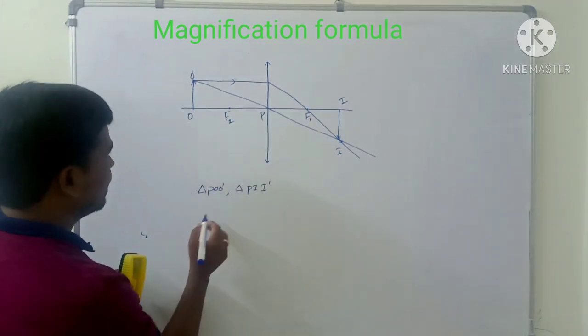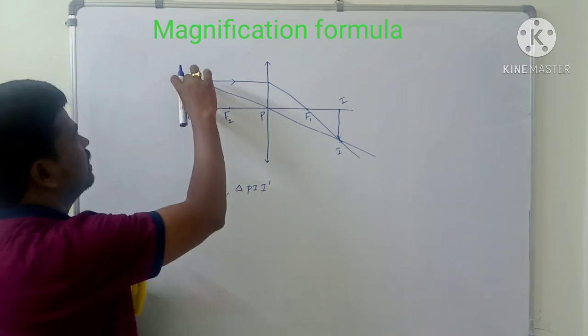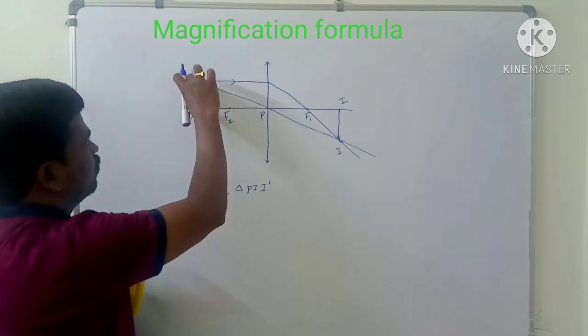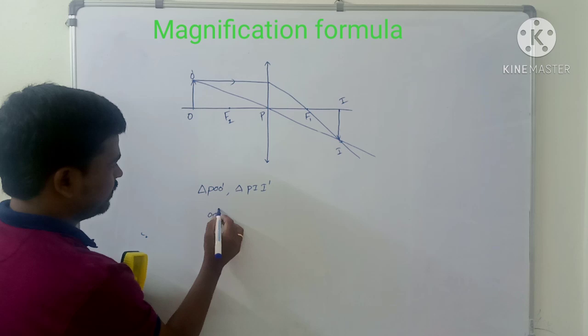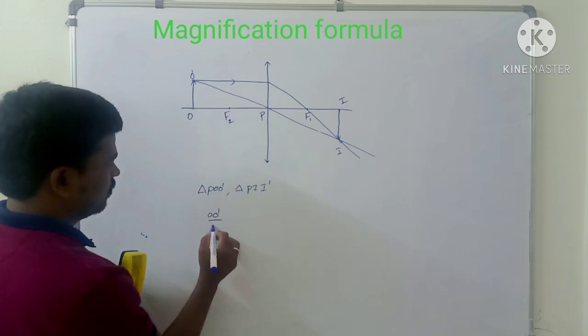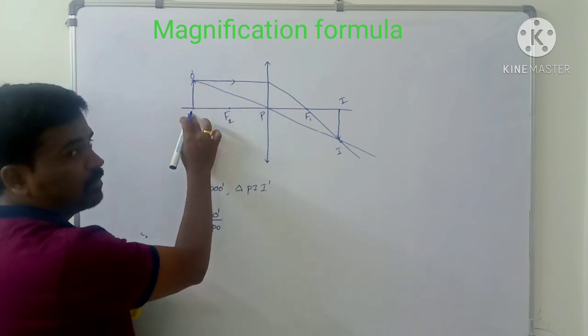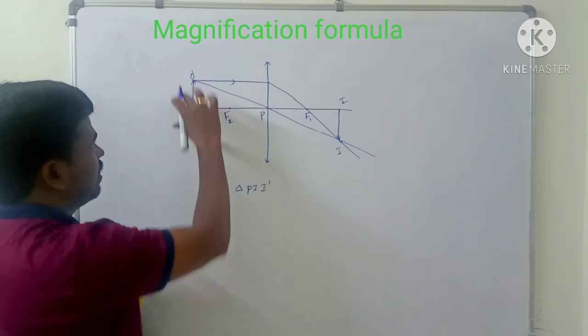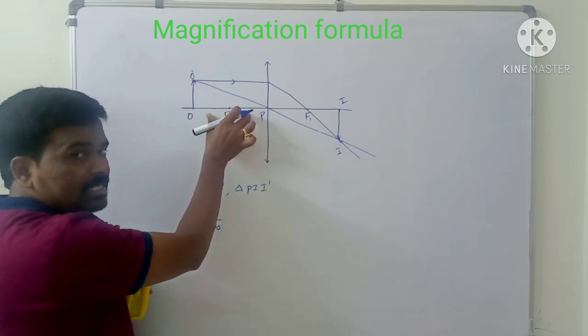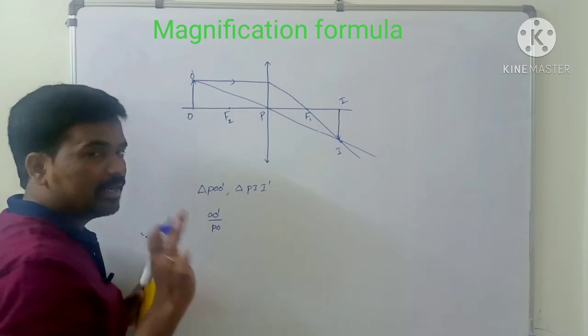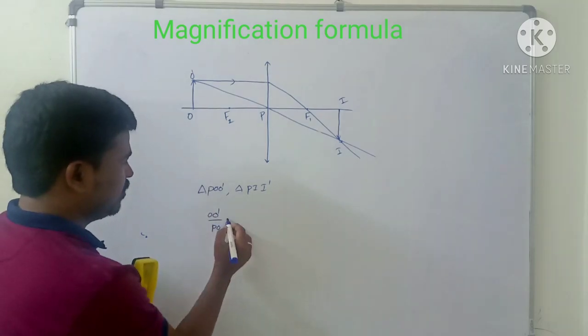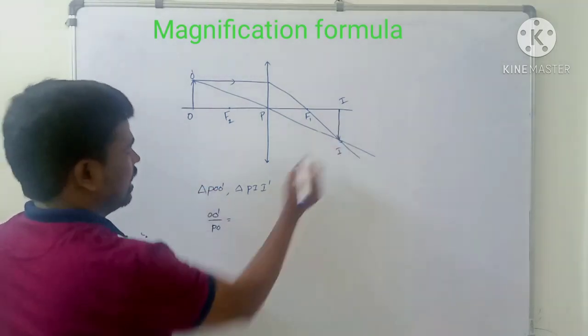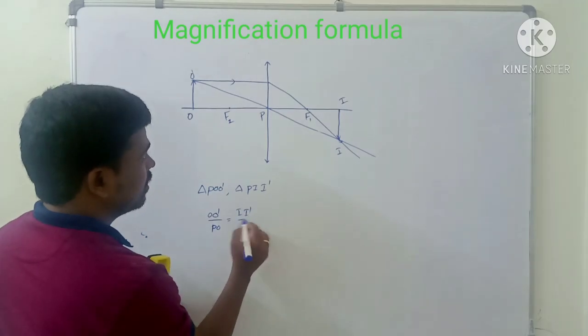Let me write the ratio from this triangle: O dash is the opposite side, and PO is the adjacent side. So the ratio between the opposite side and adjacent side of both triangles is equal. So O dash by PO is equal to I dash by PI.